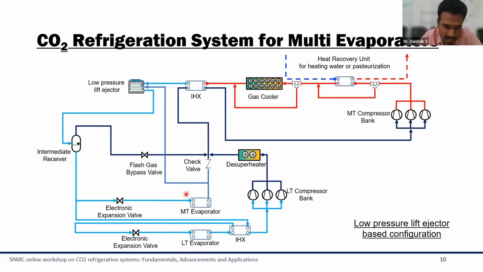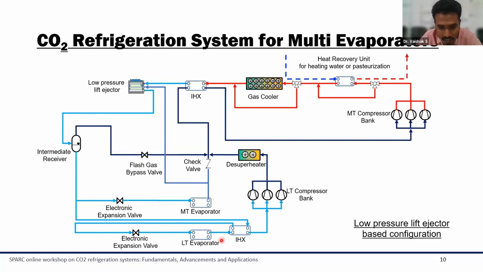If you see in this diagram, when we are using a low pressure lift ejector, all the refrigerant passing through the MT evaporator will be taken by this low pressure lift ejector, which will lift the pressure of the refrigerant from the MT evaporator level to an intermediate receiver level.